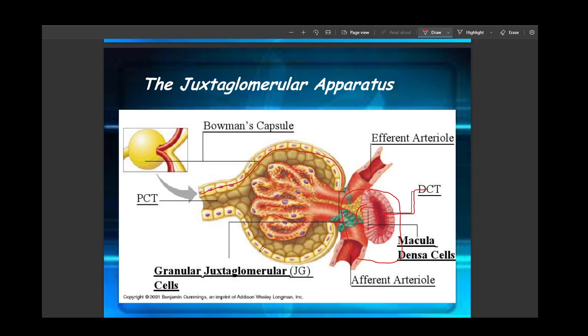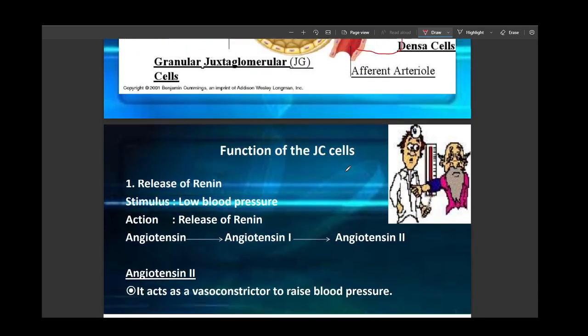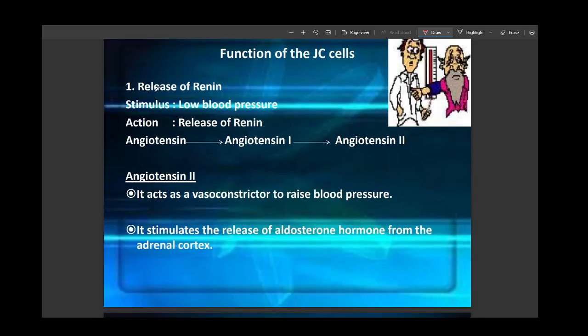These cells are called the granular juxtaglomerular cells. Their function is the release of renin, and the stimulus is low blood pressure. When there is low blood pressure, renin is released.